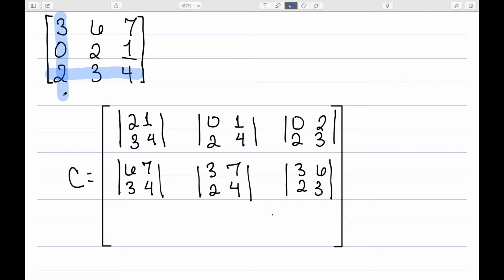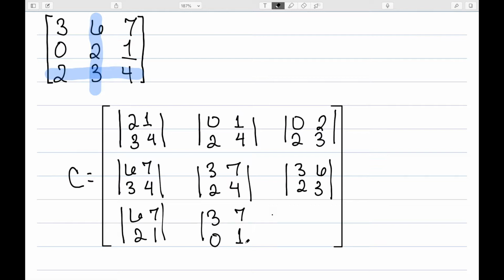Third row, first column, has our determinant of 6, 7, 2, 1. Still in the third row, we'll look at the second column. That gives us 3, 7, 0, 1. Finally, third row, third column, we're left with 3, 6, 0, 2.